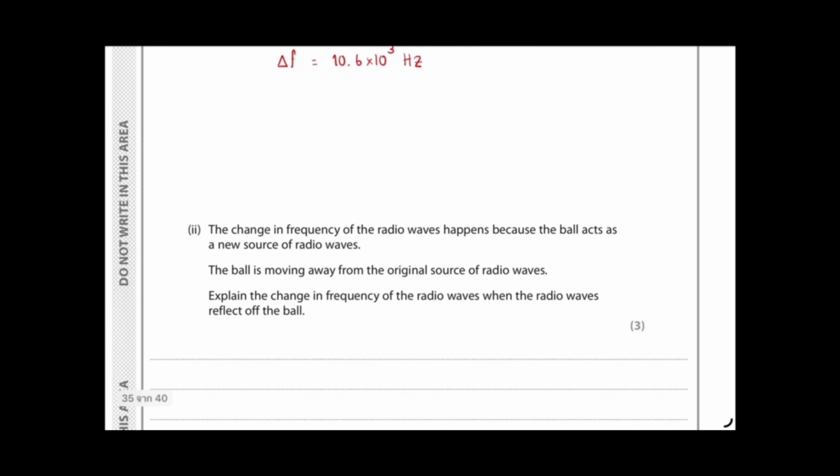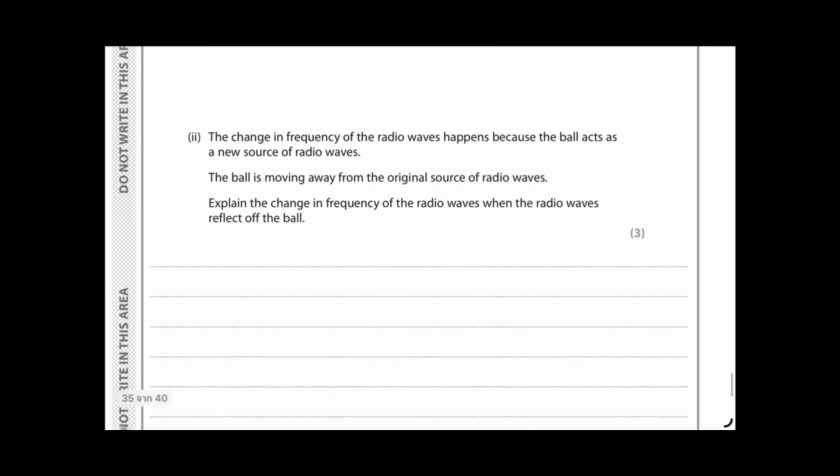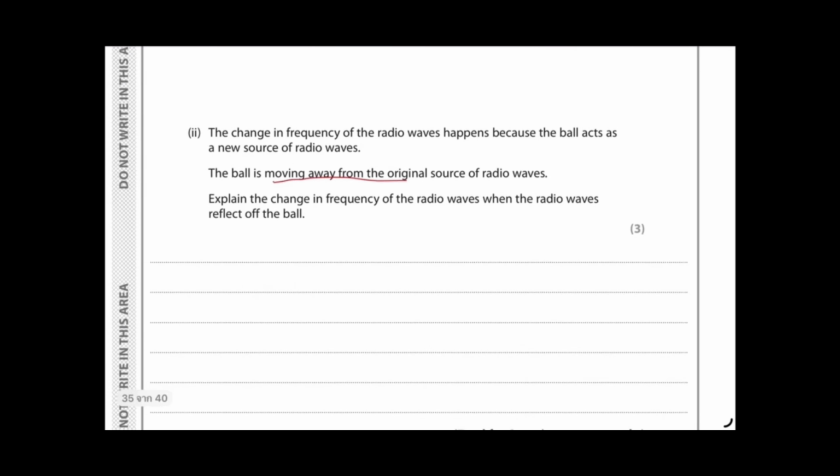And then question II. The change in frequency of the radio wave happens because the ball acts as a new source of radio wave. The ball is moving away from the original source of radio wave. Explain the change in frequency of the radio wave when the radio wave reflects off the ball. Okay, so in this case, frequency decreases.